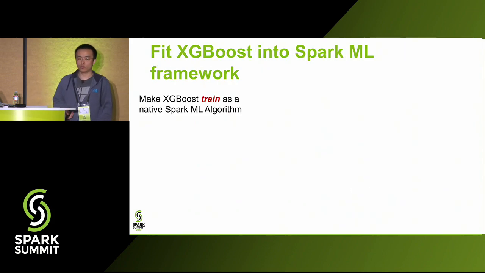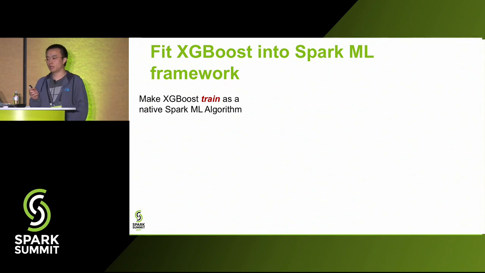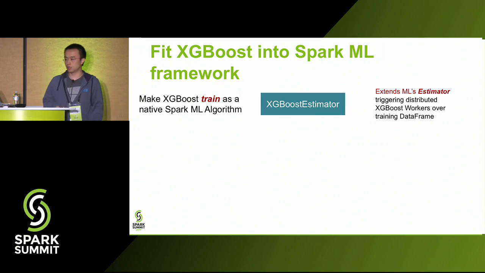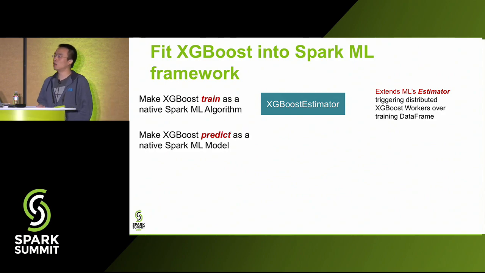So our first task is how to make XGBoost train as a native Spark ML algorithm. Here we implement the Spark XGBoost estimator by extending Spark ML's estimator class and triggering the distributed workers. Next, how to make XGBoost predict as a native Spark ML model.